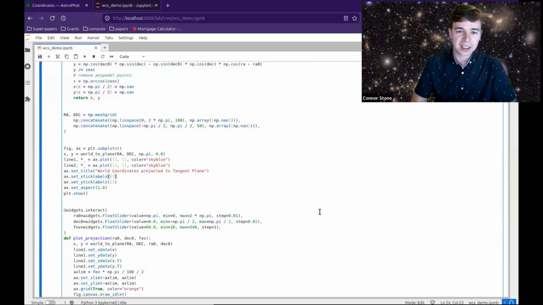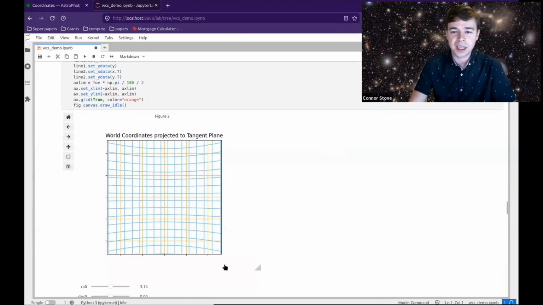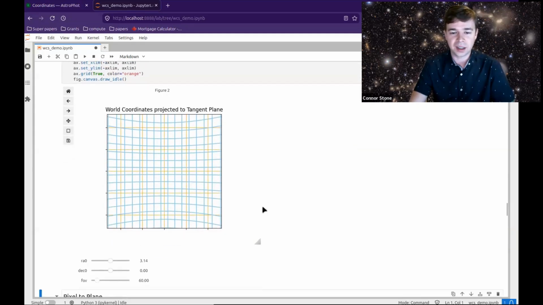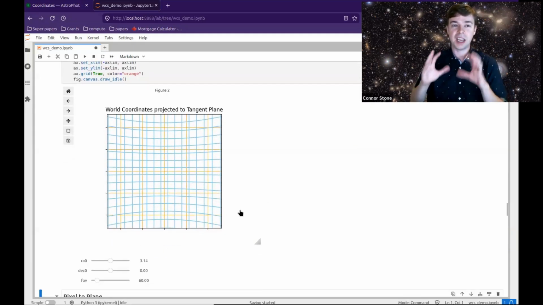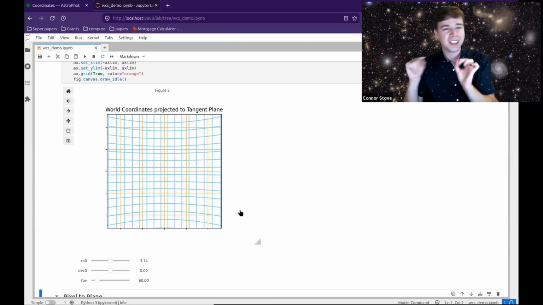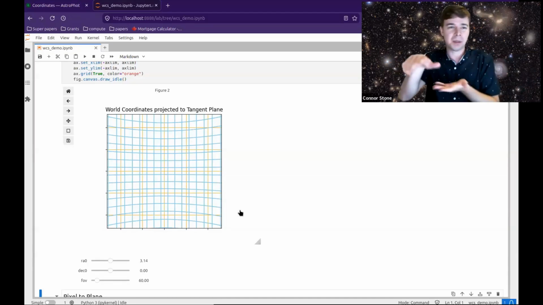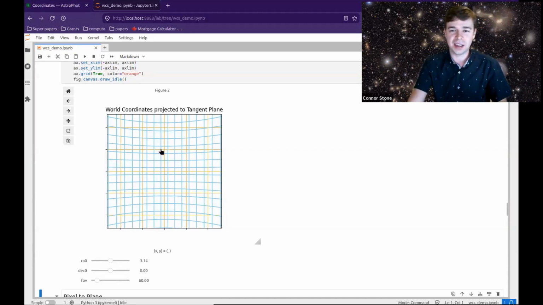Next, let's take a look at that. So here we have a little grid where the orange lines are the tangent plane coordinates. And the tangent plane is a very nice Euclidean grid. So nice, perfectly straight lines, perfectly perpendicular to each other. That's our tangent plane grid in orange.